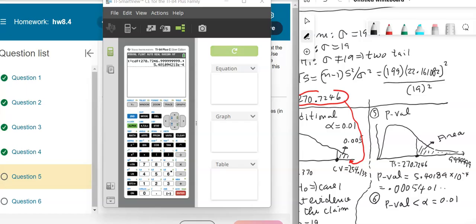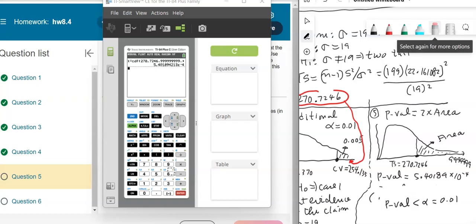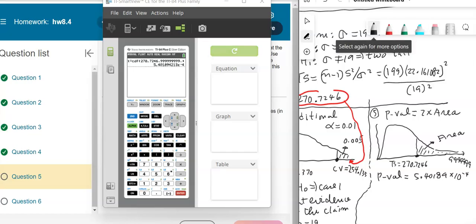Okay, so now since the p-value is less than alpha, which is 0.01, oh no, this is two-tailed, so the p-value is 2 times the area because it is two-tailed. Don't forget that. So the p-value is this guy times 2, which is 0.00108.